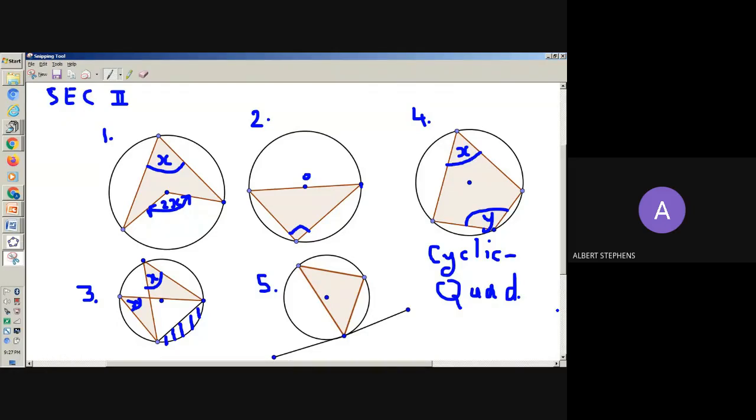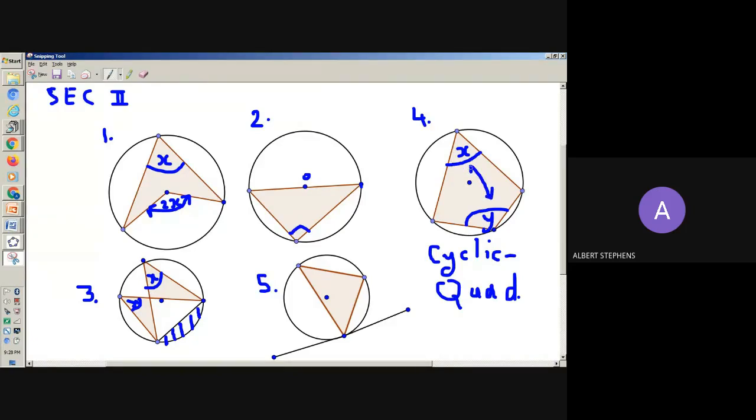Question, what is a supplementary angle, class? When two angles add to give us what? 180.